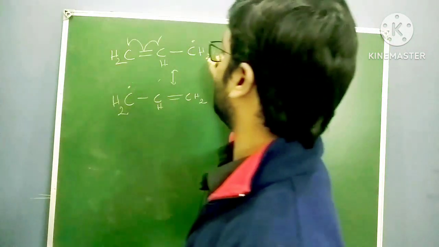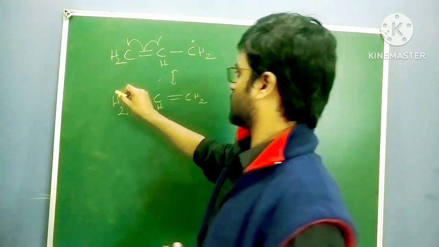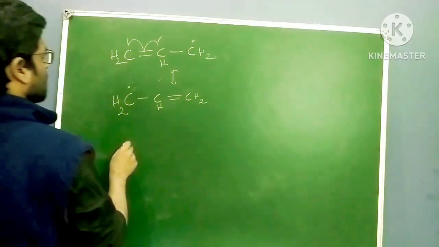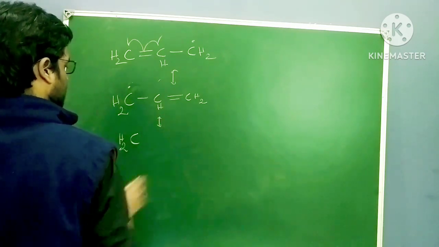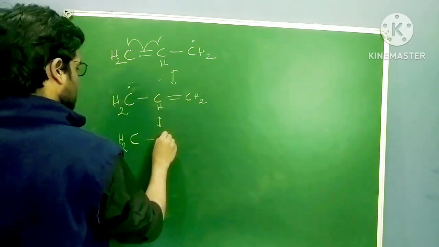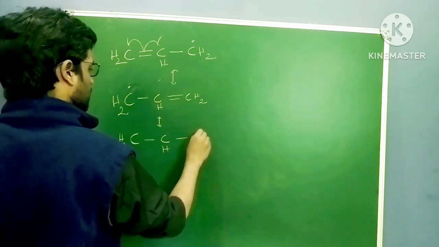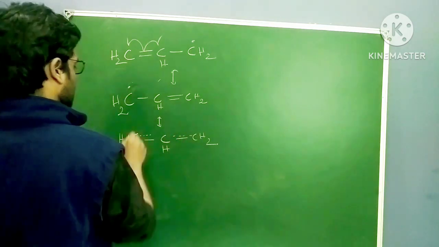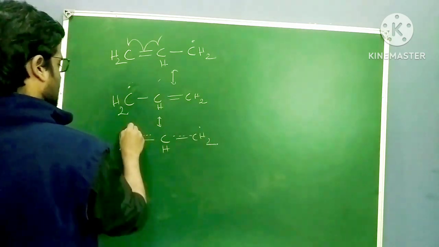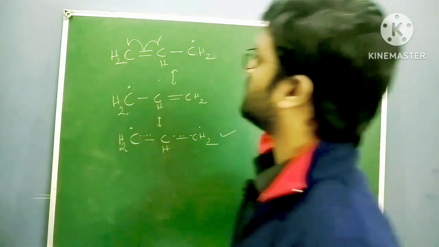So initially radical is here, now radical is here, so I can write the total hybridized structure like this, right? Okay, this is partial double bond, right? Here radical, here radical. So this is hybridized structure.